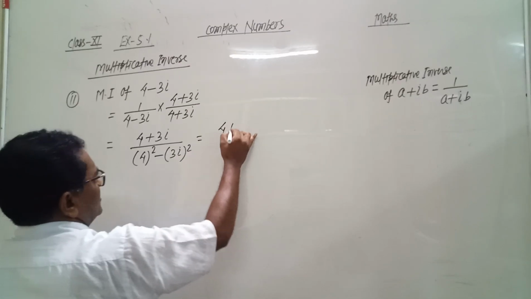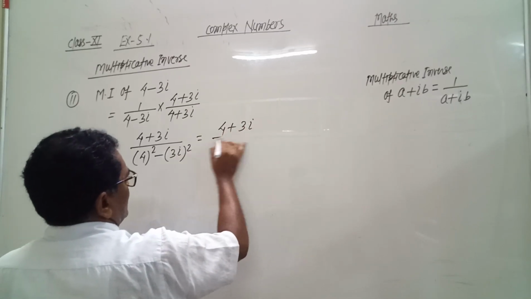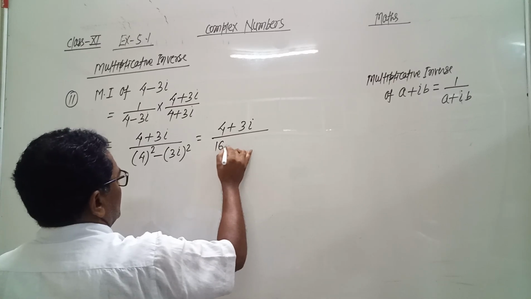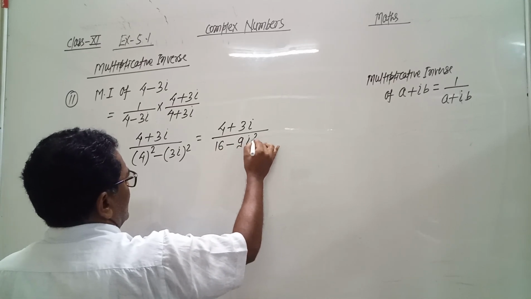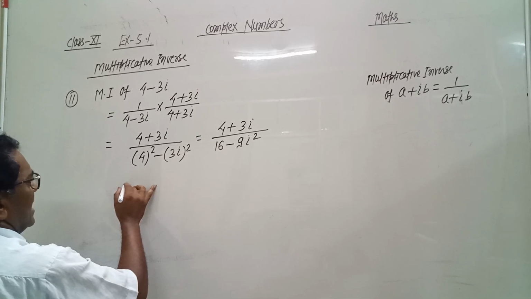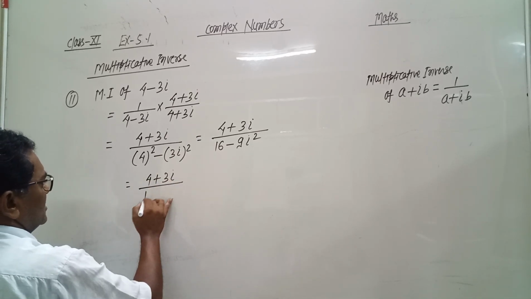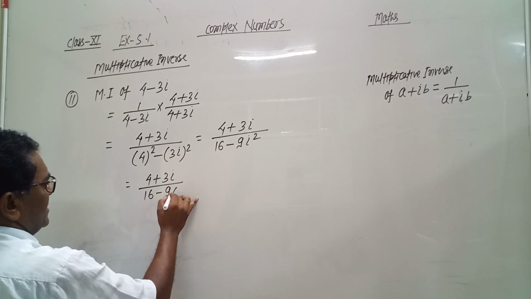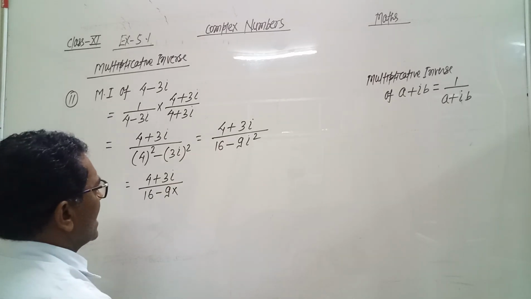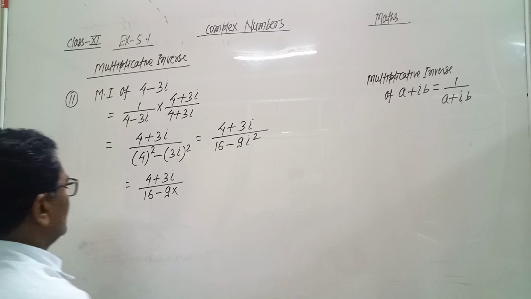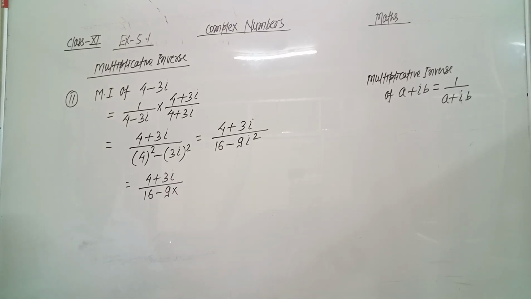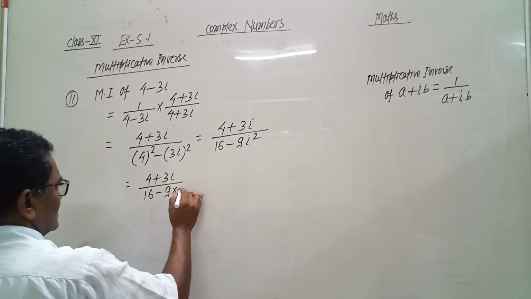So 4 plus 3 iota upon 16 minus 9 iota square. The value of iota square is minus 1.